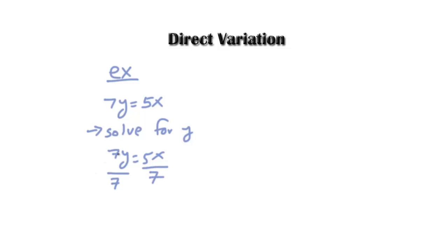Now I'm left with y, because this 7 and this 7 canceled. So y is equal to 5 over 7x. You can write it like that. And this is in the form of y equals kx. So this is a direct variation equation.